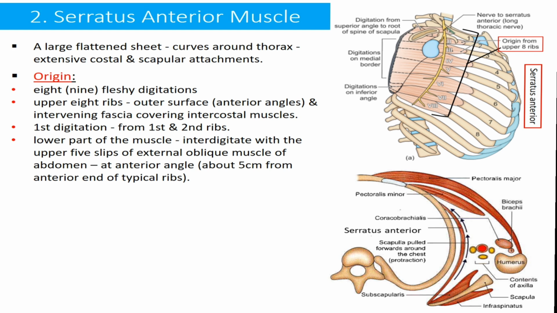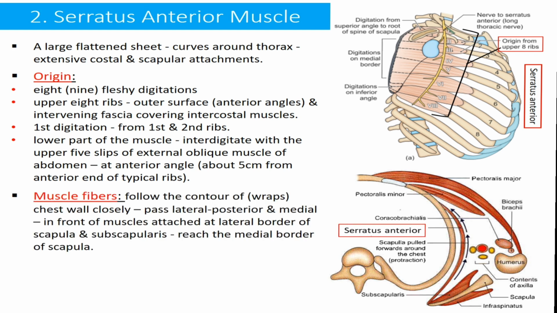First digitation originates from first and second ribs, whereas the lower part of the muscle interdigitates with the upper 5 slips of the external oblique muscle of the abdomen close to the anterior angle.